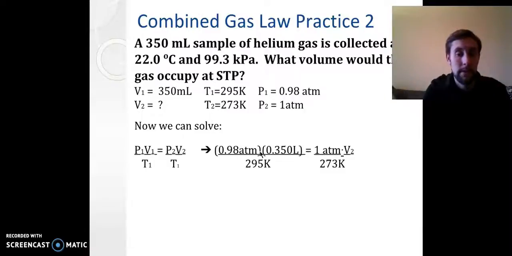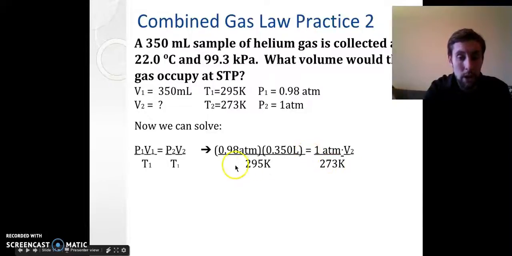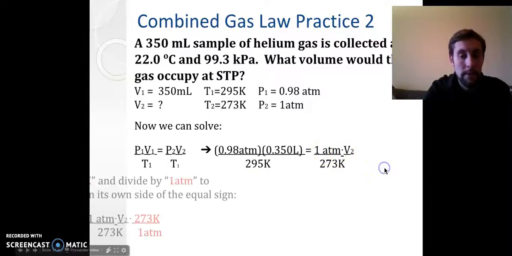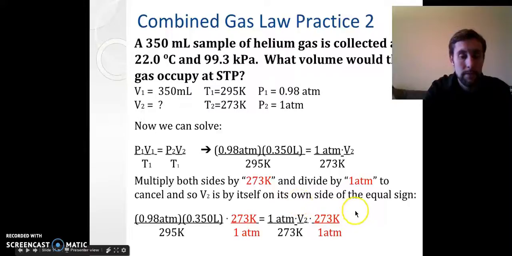So we'll take 0.98 atmospheres times 0.35 liters times 273 Kelvin, and then that'll be equal to 295 Kelvin times 1 atmosphere times V2. Once we've done that, then we need to divide by the things that are tied up with our V2. So divide by 295 Kelvin and divide by 1 atmosphere.